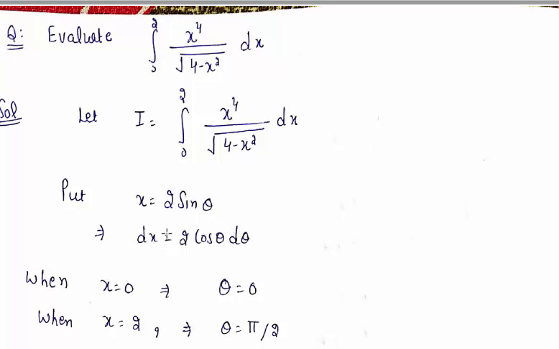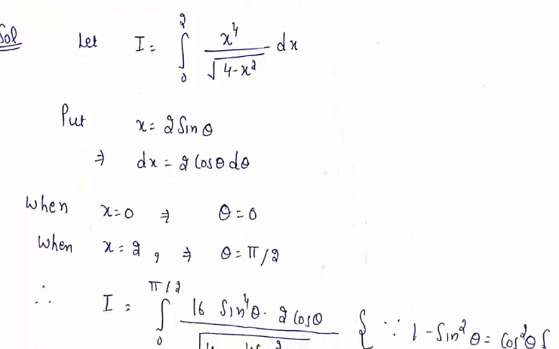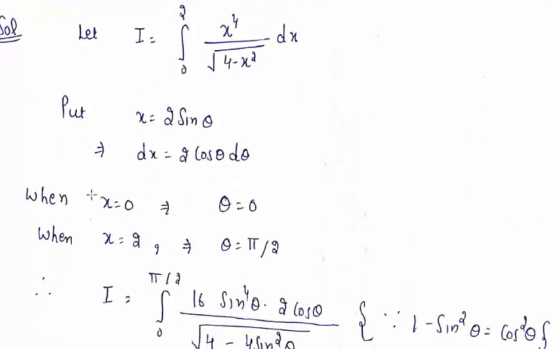Corresponding to this substitution, we now change the limits. When x is 0, theta equals sine inverse 0, and we know that sine inverse 0 is 0, so our theta is 0.